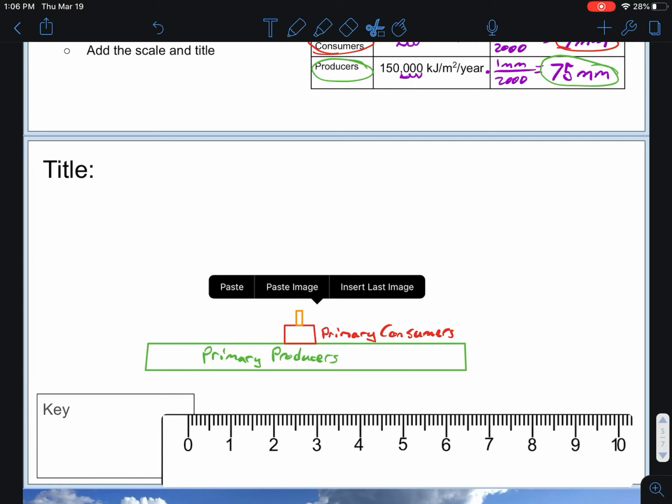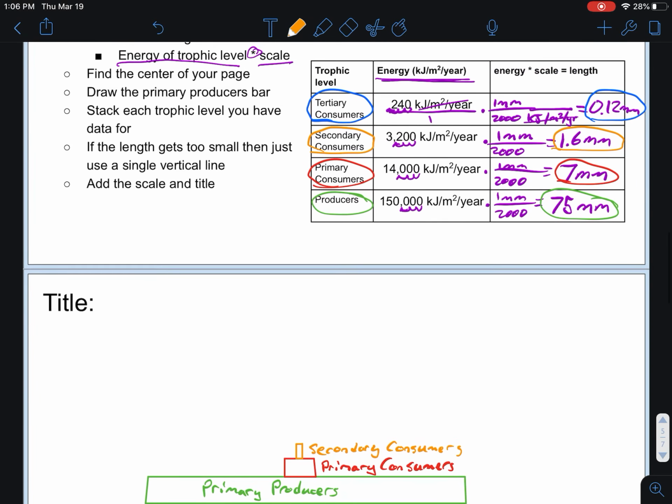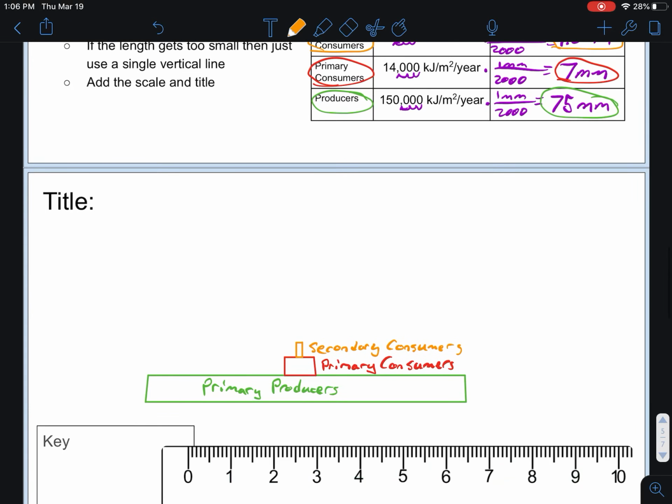Center that guy, label it secondary consumers. And the last one is too small to graph, 0.12 millimeters.